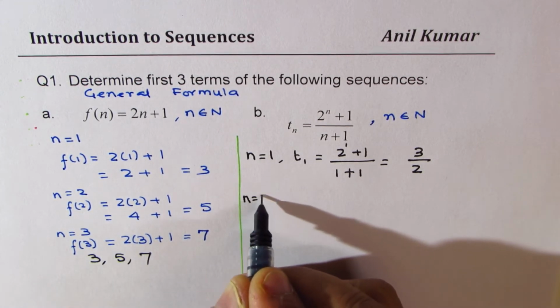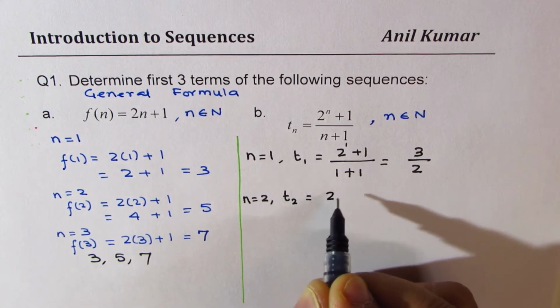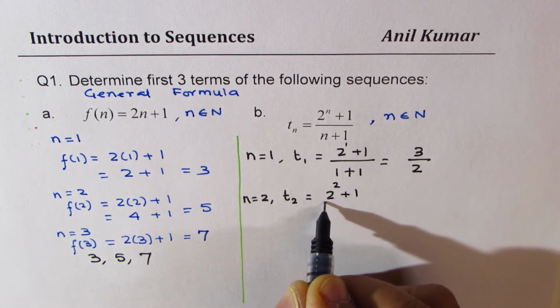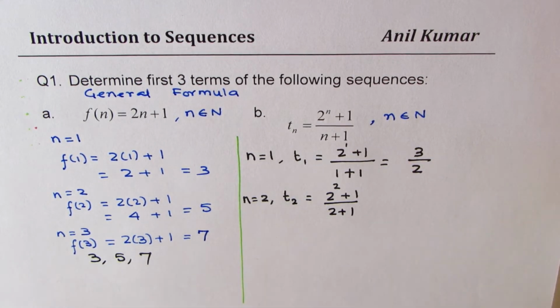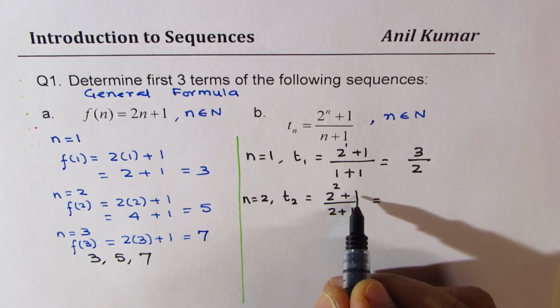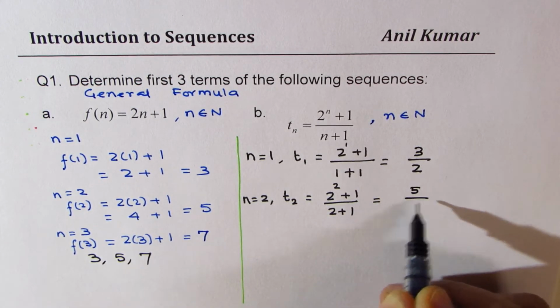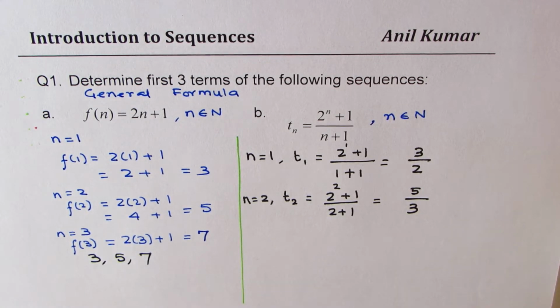For n = 2, we get the second term t2 = (2^2 + 1)/(2 + 1), with n replaced by 2. Clear? 2 squared is 4, 4 + 1 is 5, and 2 + 1 is 3. So we get 5/3 as the second term.